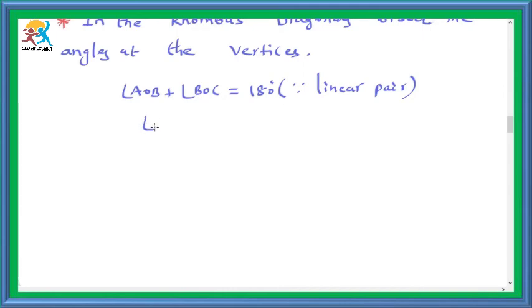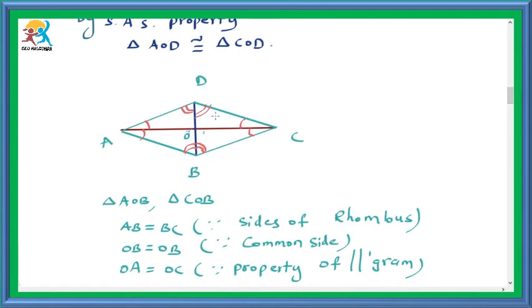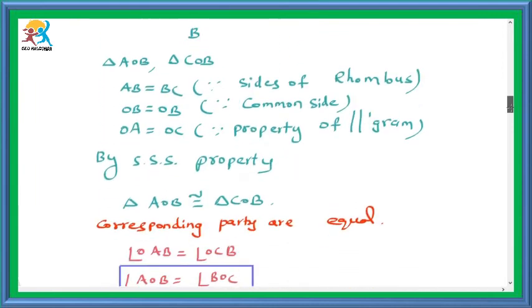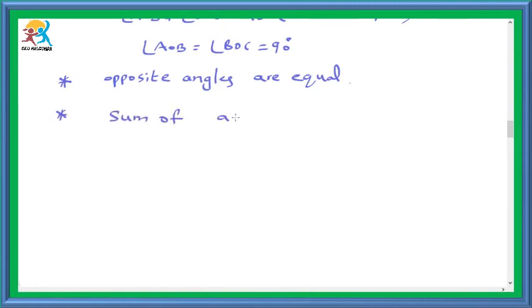So what does it mean? It means both the angles have the same measure, that is 90 degrees. So from this we can say that in the rhombus the diagonals are perpendicularly bisecting each other. And the same property, the opposite angles are equal. This has come from the parallelogram, and the same, the sum of adjacent angles is 180 degrees.